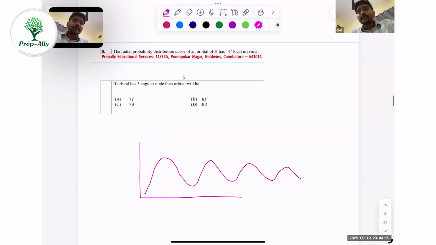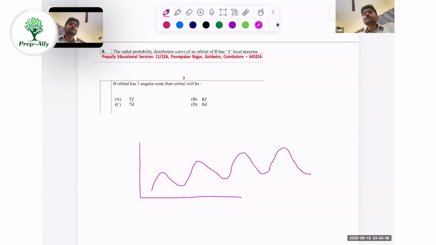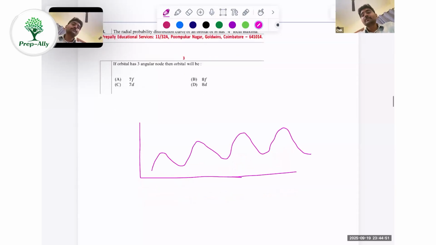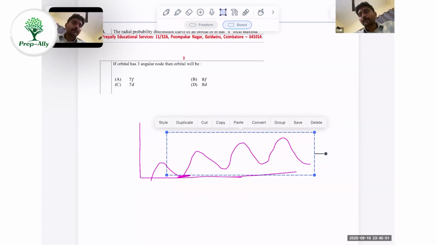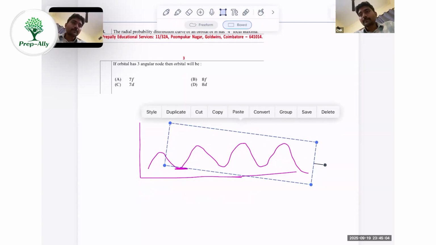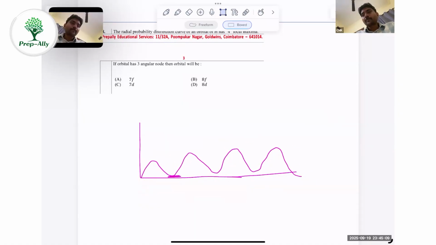The radial probability distribution curve means we get a graph like this. 4 local maxima means the curve touches the axis at nodes.